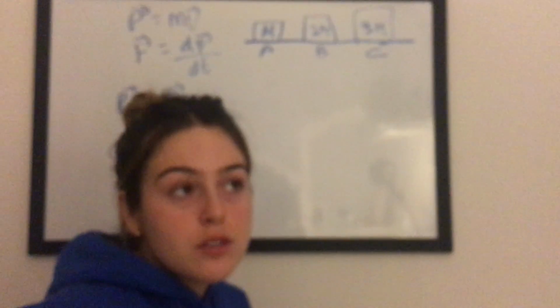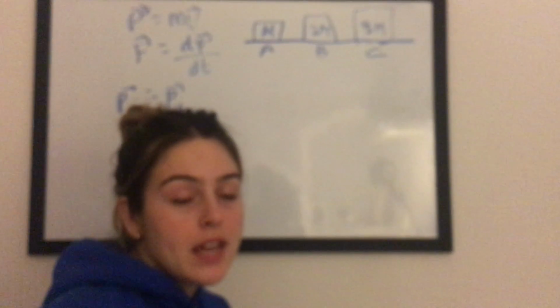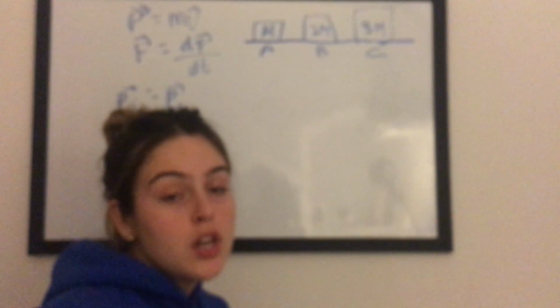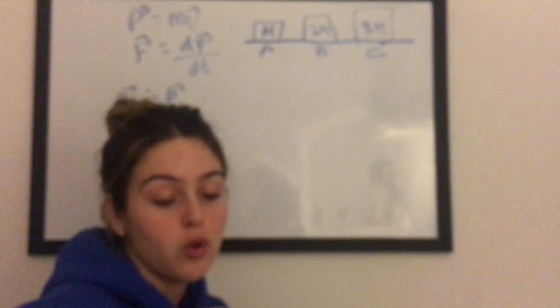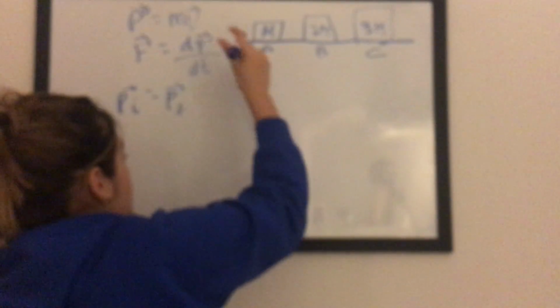Since we know that momentum is conserved, we can apply that the sum of the momenta of all the blocks is going to be equal to the momentum of the whole system. So I'm going to write that down using this formula.